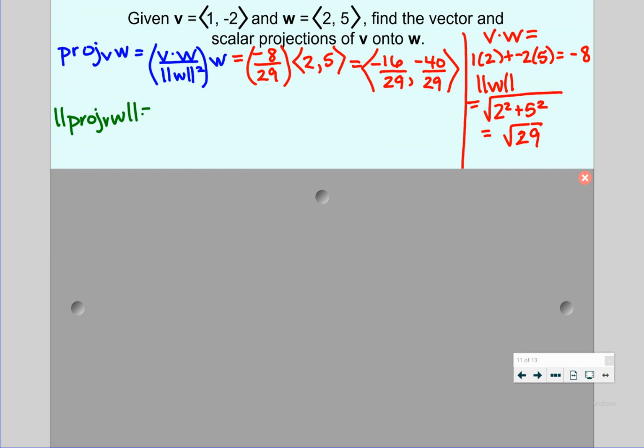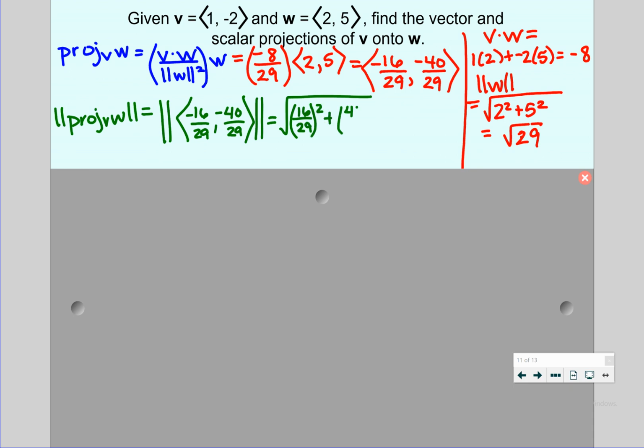Okay, then the scalar projection takes it one step further, and we say take that vector we just found, the negative 16/29 and the negative 40/29, and find the magnitude of it, find the length of it, which is just our little Pythagorean theorem. I'm not going to put my negatives in there. 16/29 squared and 40/29 squared.